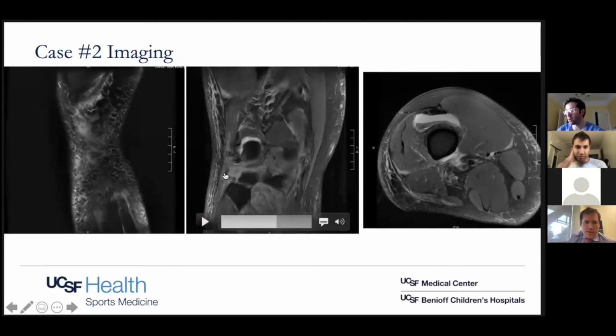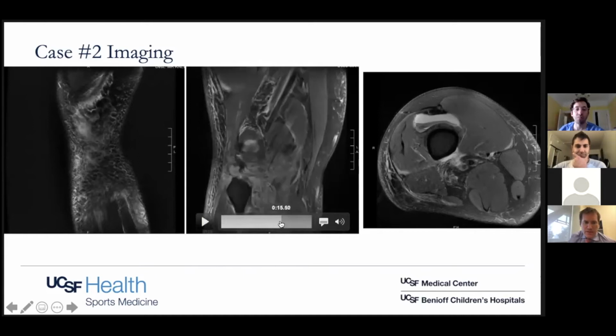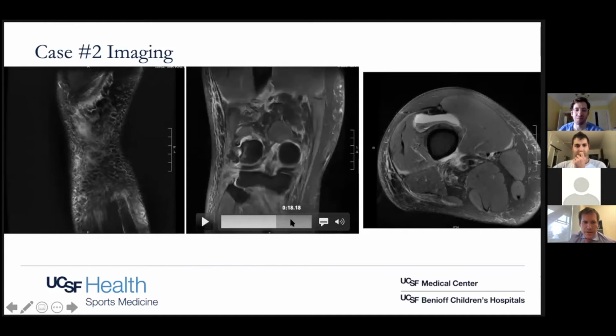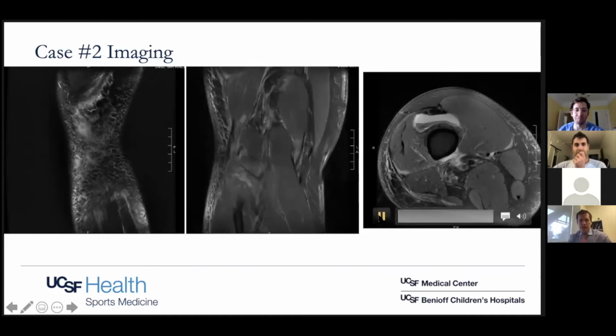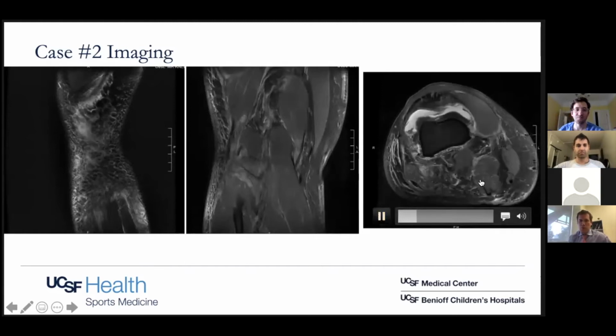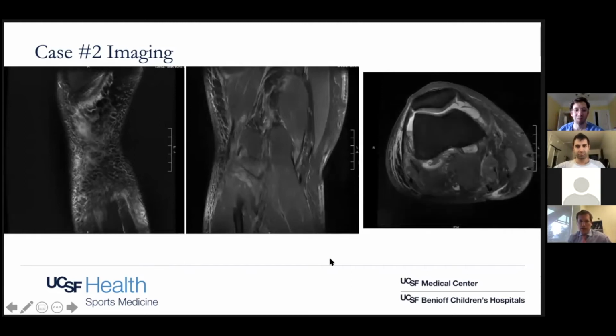I think this is LCL. Yeah, this is kind of stump of LCL. And then there's nothing tracking, and then this is popliteus, and you have just kind of a wavy tendon that is also not attached. Yeah, I think so. Clear disruption of posterolateral corner and ACL.